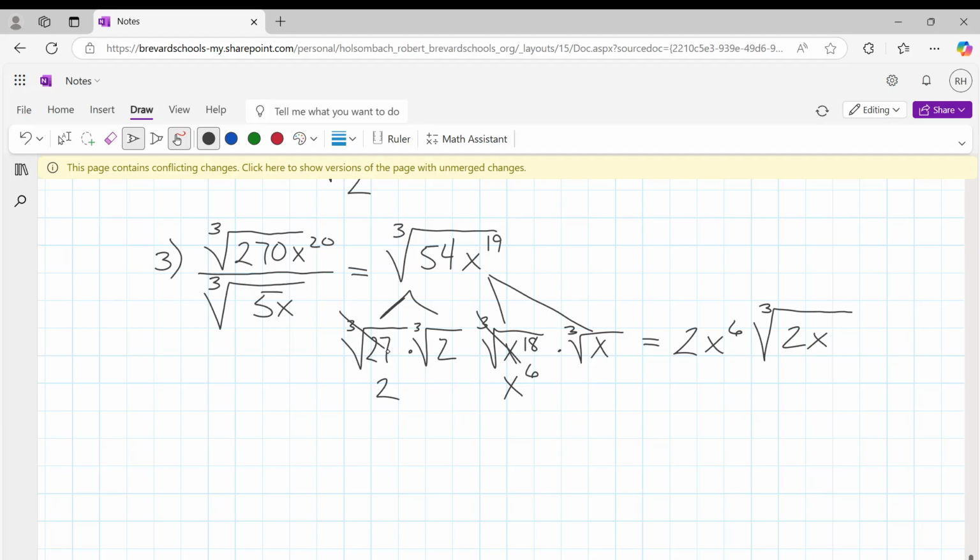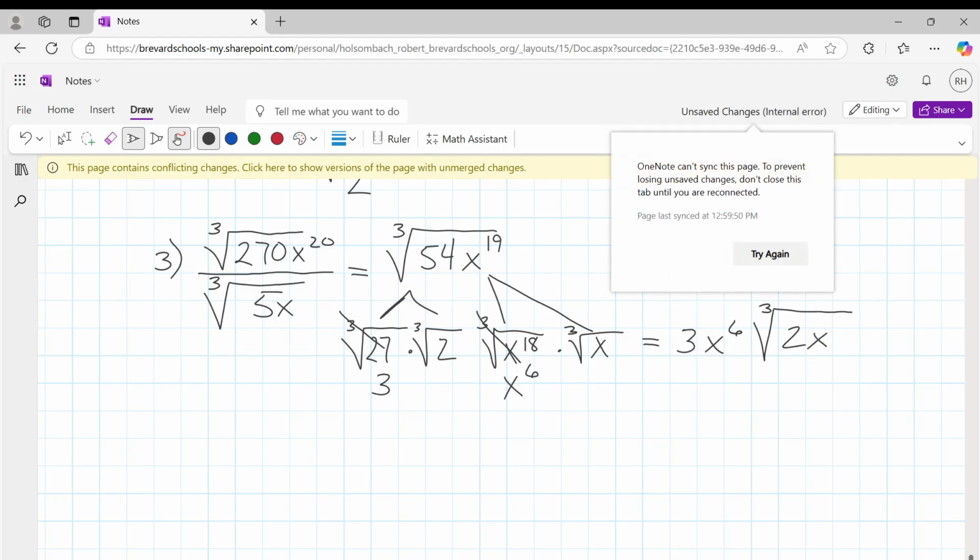Yeah, this third root of 27, that's not 2, is it? It's 3, right? Yeah, it's 3, sorry. So let's make that a 3 and a 3. All right, any questions up till now?